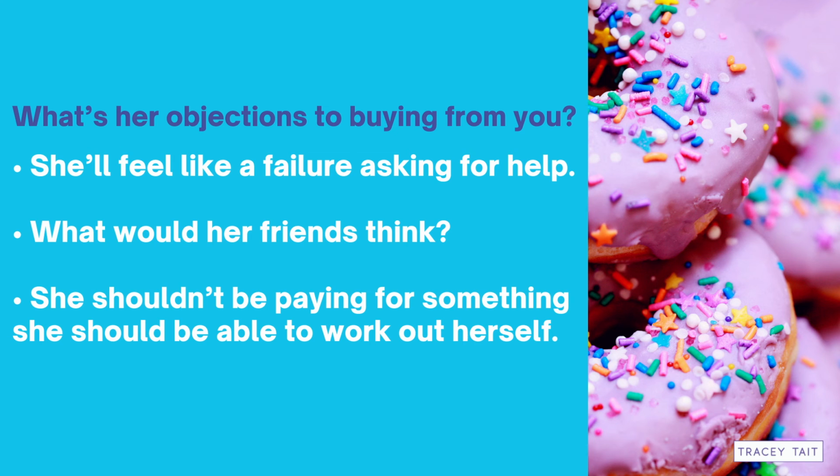It might be what others would think about her. She doesn't believe that she should be paying for something that she should be able to work out for herself. And when we know and understand these objections, again, we can talk about them in our marketing to really help us to connect with our ideal client.